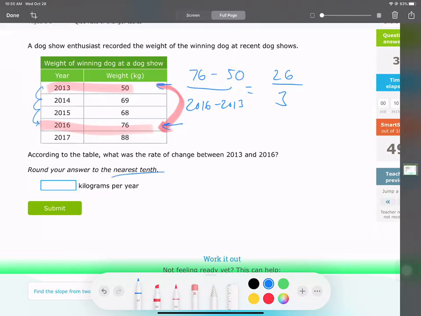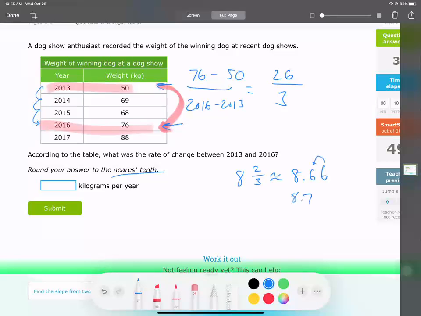So this is a decimal for us. And we see round to the nearest tenth. 3 goes into 26 8 times, remainder 2. So this is approximately 8.66, because 2/3 is 0.66. And then nearest tenth, rounding up, 8.7.